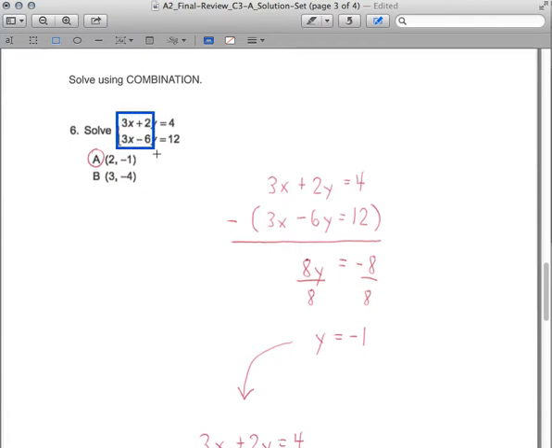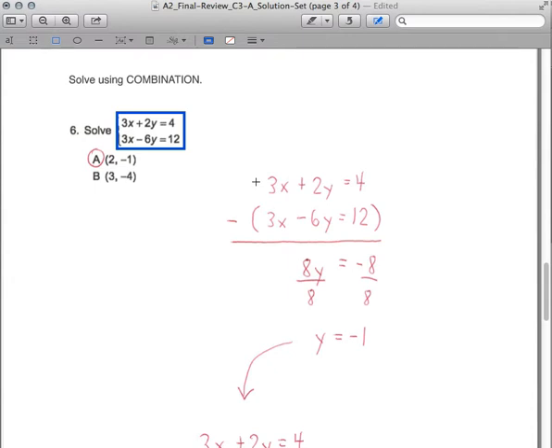The x terms are lined up with the x terms, the y terms are lined up with the y terms, and the constant values are lined up with each other as well. We are looking for coefficients that are either the same or opposite values of each other. That will allow us to either add or subtract to cancel that particular variable.